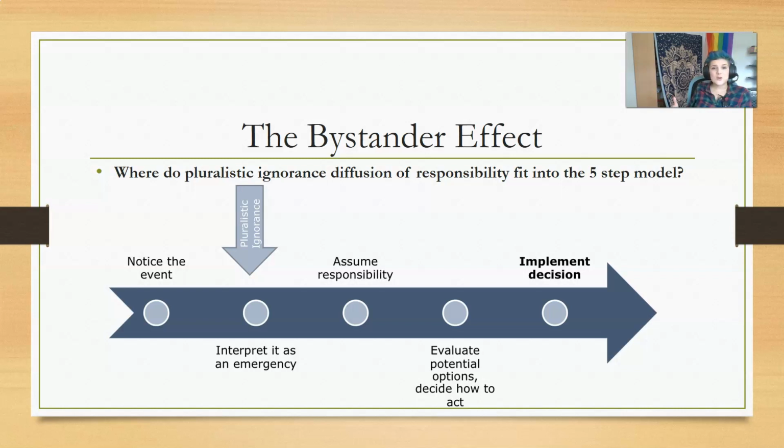So this gets in the way of implementing your decision, because it throws off your path to help. Diffusion of responsibility would fall here in assuming responsibility. If no one else is helping, then you don't want to help either, just in case you've got it wrong.